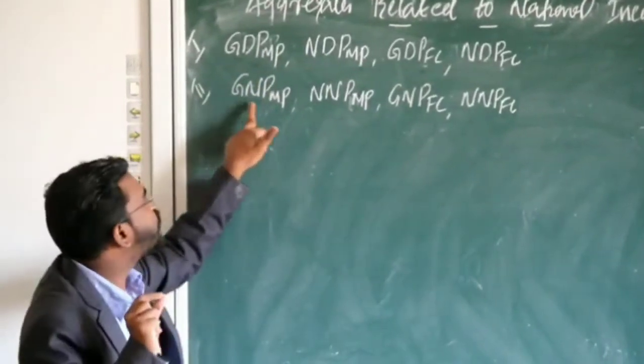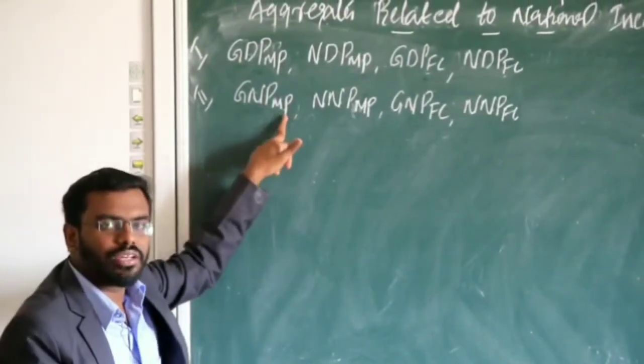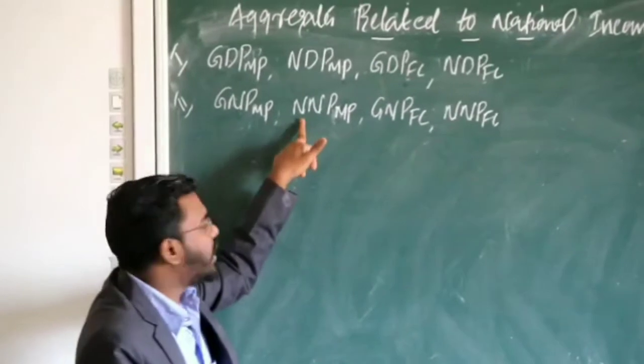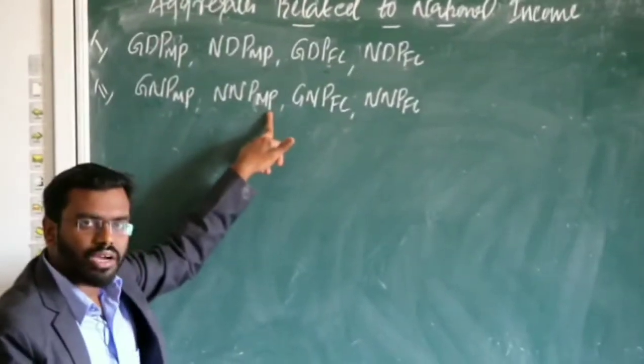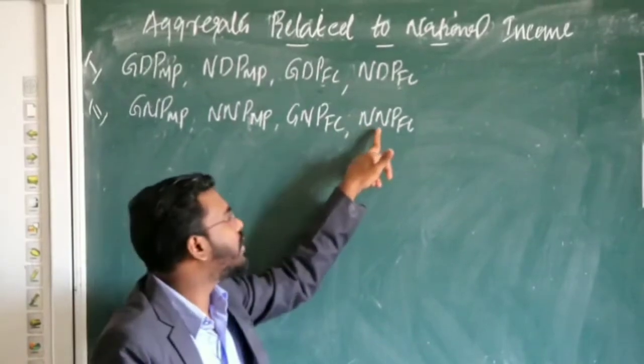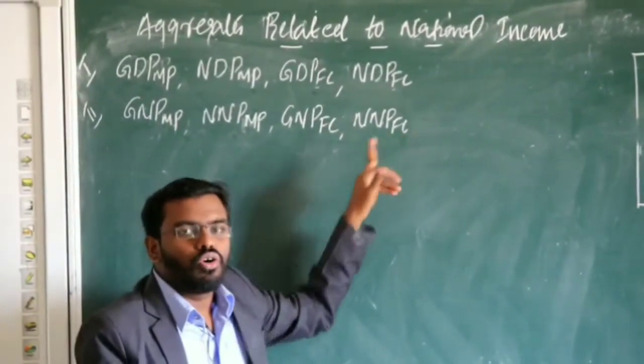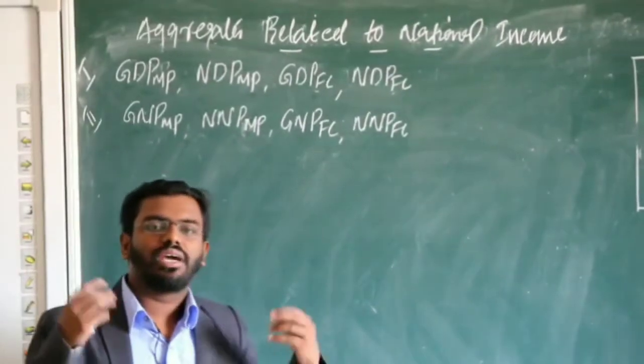What will be the full form of GNP-MP? Gross national product at market price, net national product at market price, gross national product at factor cost and net national product at factor cost. So you know the difference between domestic and national.